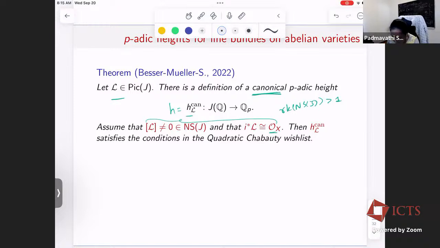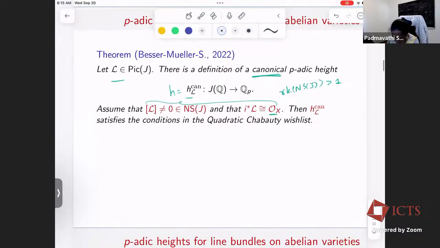So what I'm going to describe is a new construction of a canonical p-adic height such that if you choose the right kind of line bundle, then all your conditions for running quadratic Chabauty are automatically satisfied, and they are a result of built-in features of this canonical p-adic height.